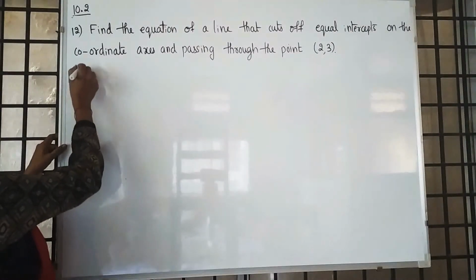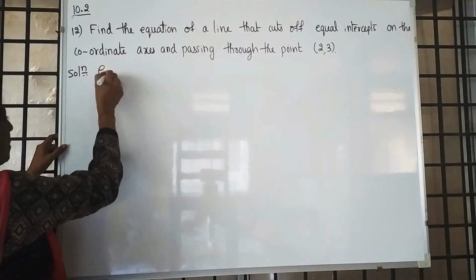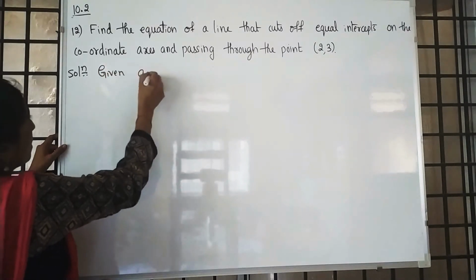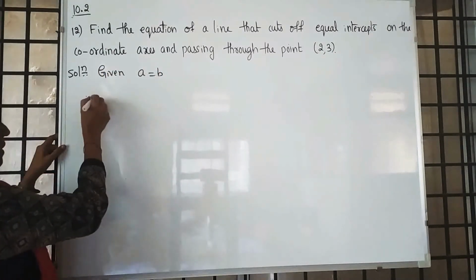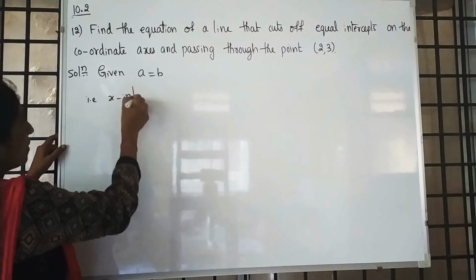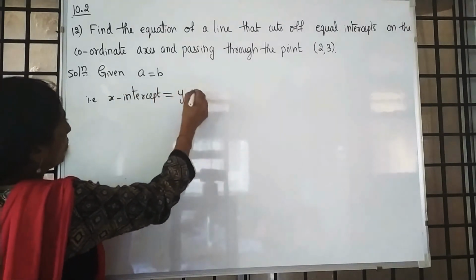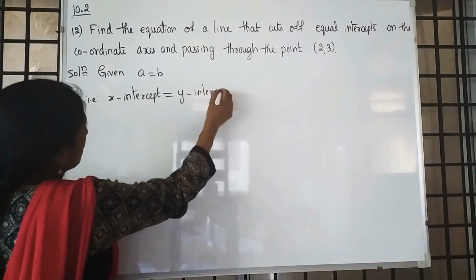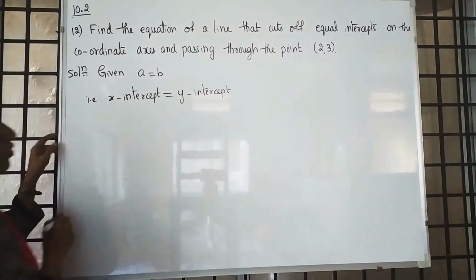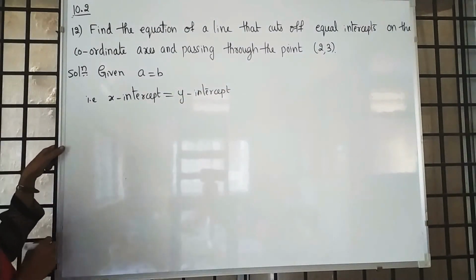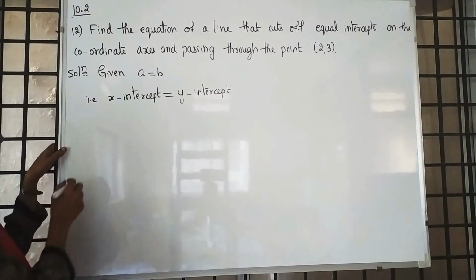Solution: given a is equal to b, that is, X intercept is equal to Y intercept. Then what is the equation of the line? Intercept form of the equation of the line.